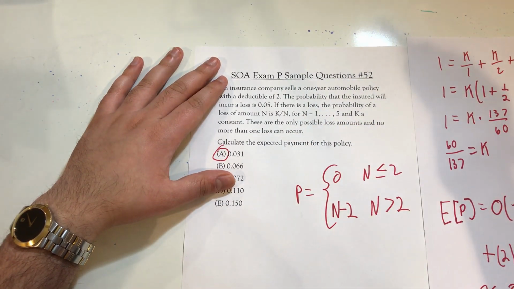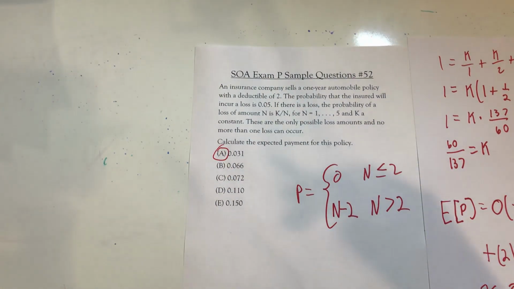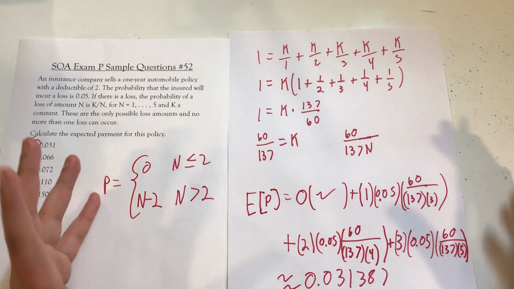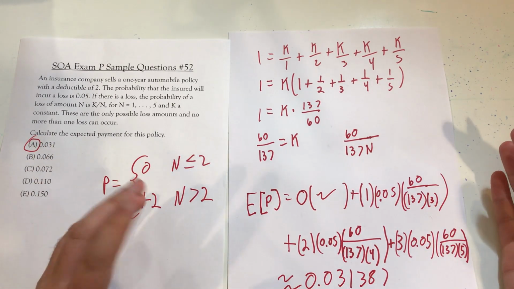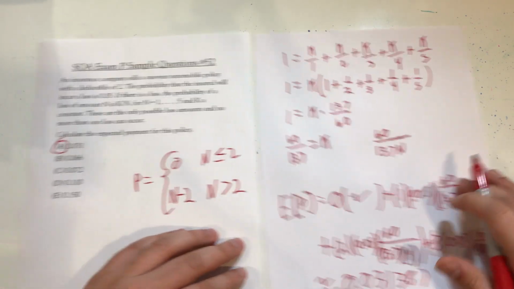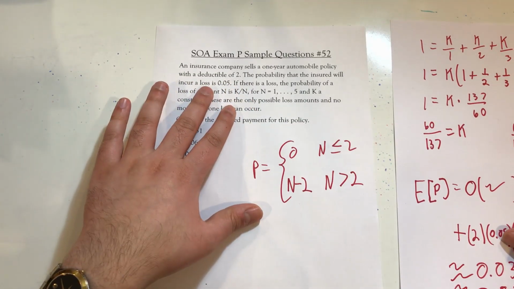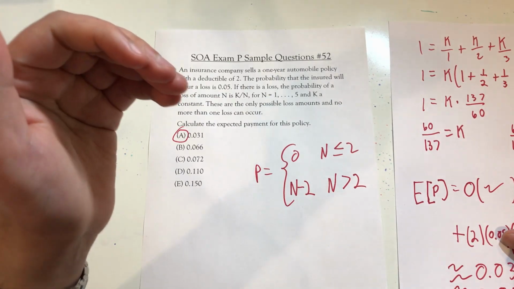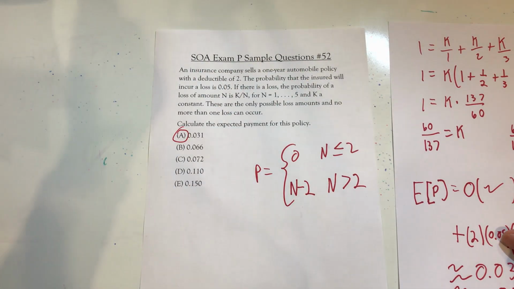Given that there was a loss. After we got that, and we got that amount by using that very basic rule, the entire sample space should add up to 1. Therefore, if there is a loss, if these are the loss amounts, the probability of the loss amount should all add up to 1.